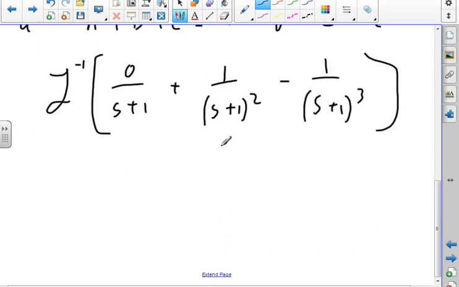And do I have an s squared? Yeah, I do. So this is number 15, and this is number 16, and I end up with t e to the a t, and what is a? Minus t.